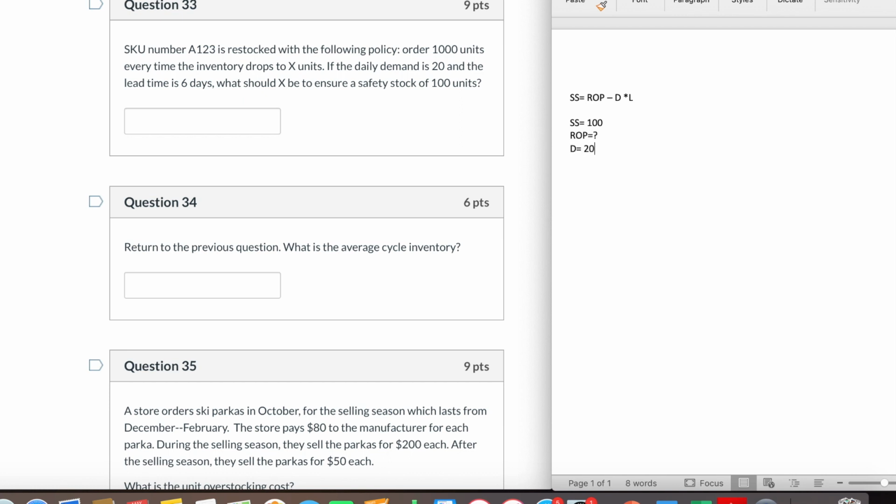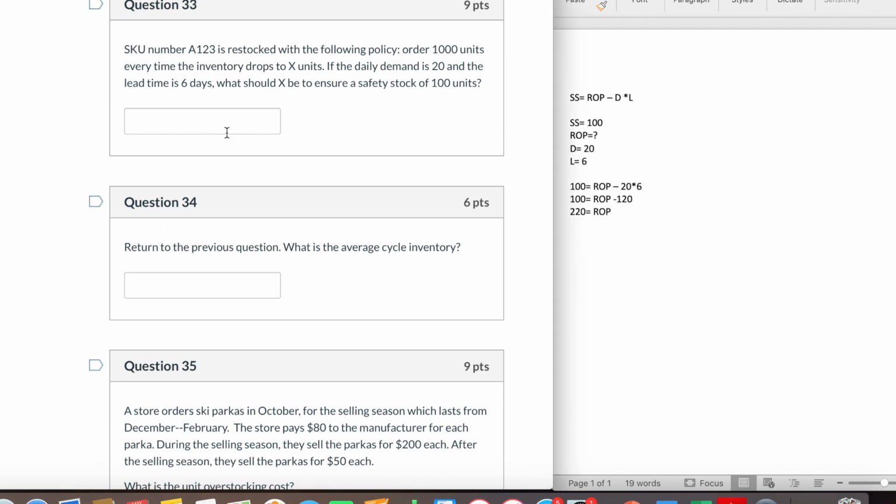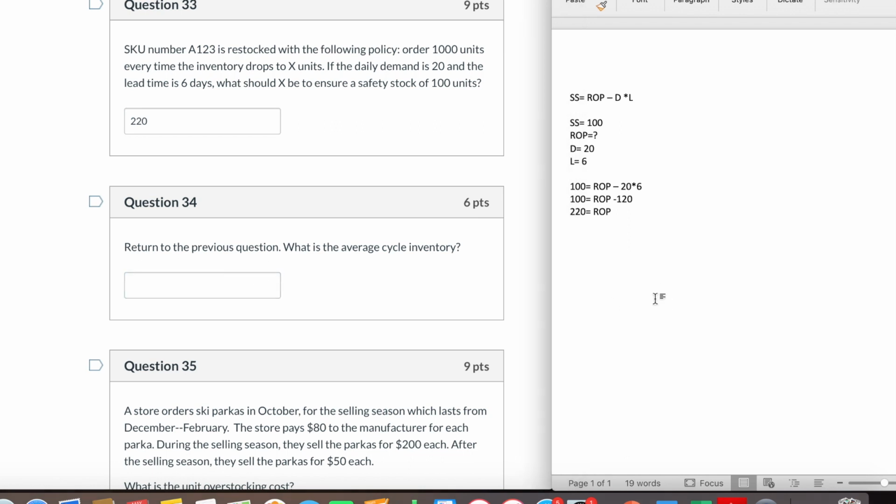Demand is 20, and the lead time is 6. So if we put all these together, the 100 safety stock, the reorder point minus 20 times 6, so therefore 100 equals ROP minus 120, and if we add 120 to both sides, you get 220 equals the reorder point. So 220 here.